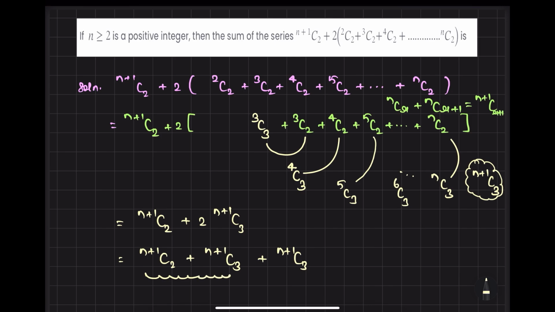The upper subscript is the same, the lower subscript is increased by 1. So can I club these two things, and the upper subscript will increase by 1, and we will take help of the bigger lower subscript. So n+2 c3 plus n+1 c3.